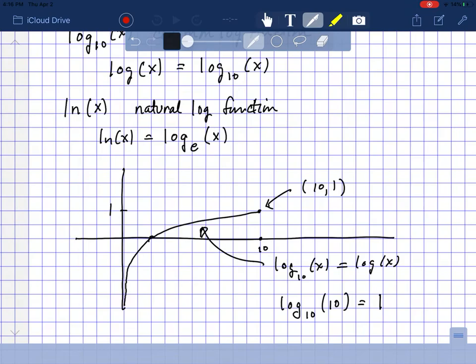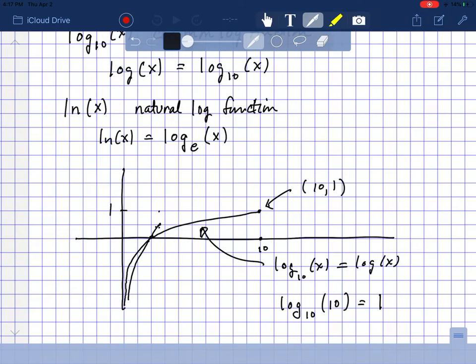For the natural log function, so that's 1, 2, that's right around here. And that is going to look something like this. Where's 1?